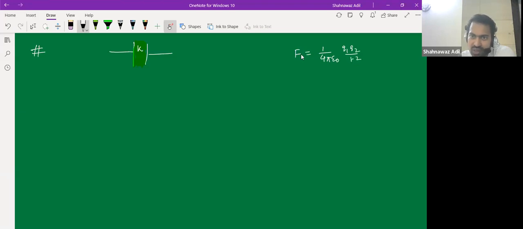This was when no other dielectric was there. But when we place the dielectric, this changed to what? Epsilon. Yeah, absolutely right. So this changes to just epsilon.